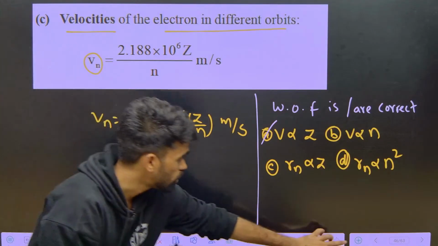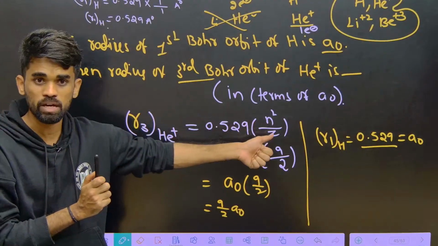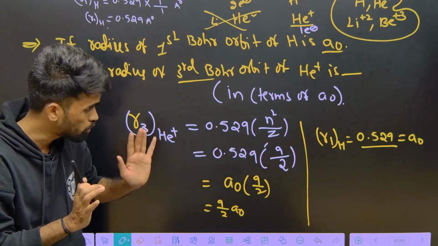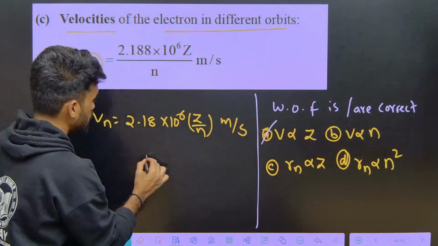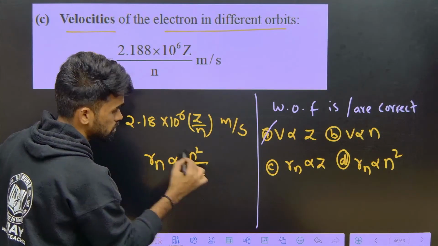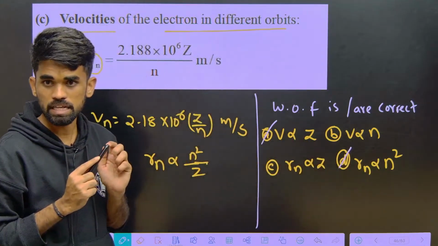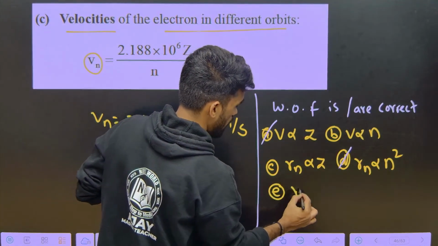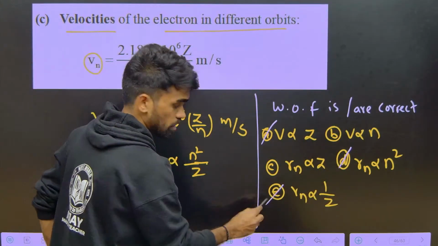What you have studied here is Rn equals n square by Z. So it is directly proportional to n square and inversely proportional to Z. So be conscious when you are learning something new. The correct options here are A and D. Is that clear? If I add one more option, Rn is inversely proportional to Z, this is also correct. Clear now?